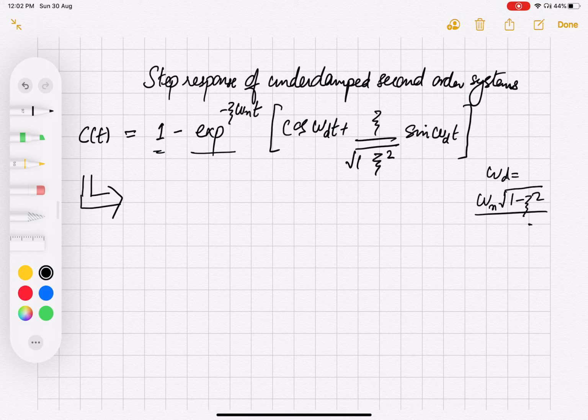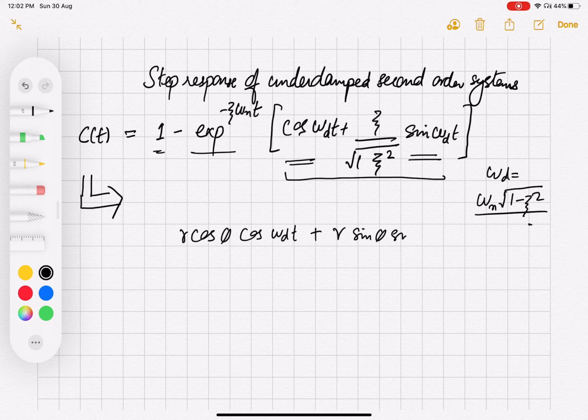In order to obtain just one trigonometric expression inside the bracket, you can write the bracket as r cos phi cos omega d t plus r sin phi sin omega d t, where you have substituted r cos phi as 1 and r sin phi as zeta upon under root of 1 minus zeta square.